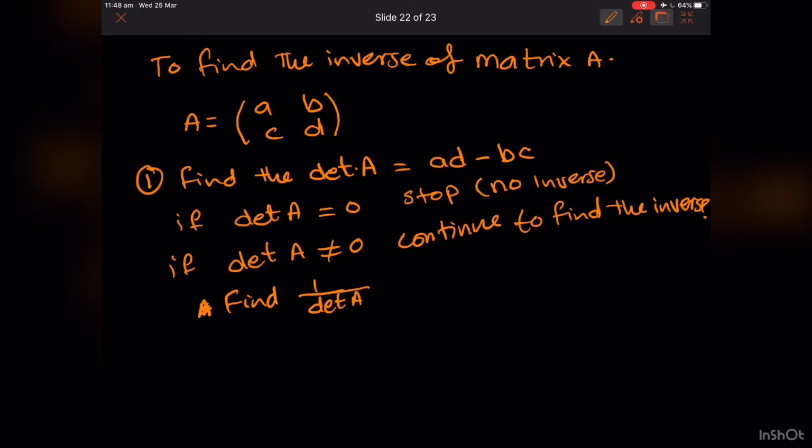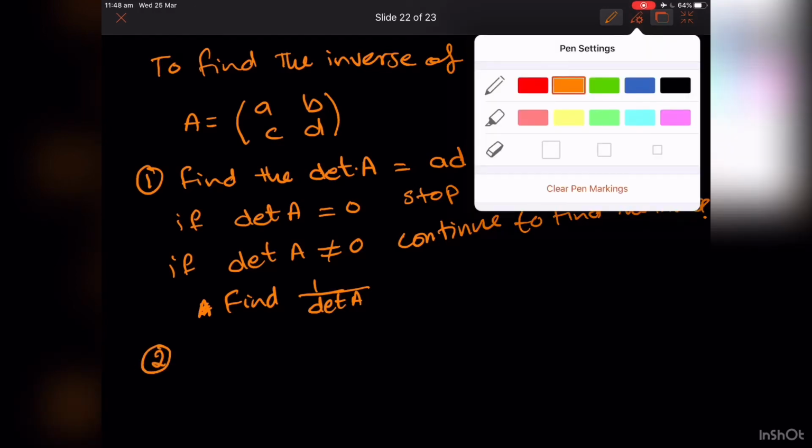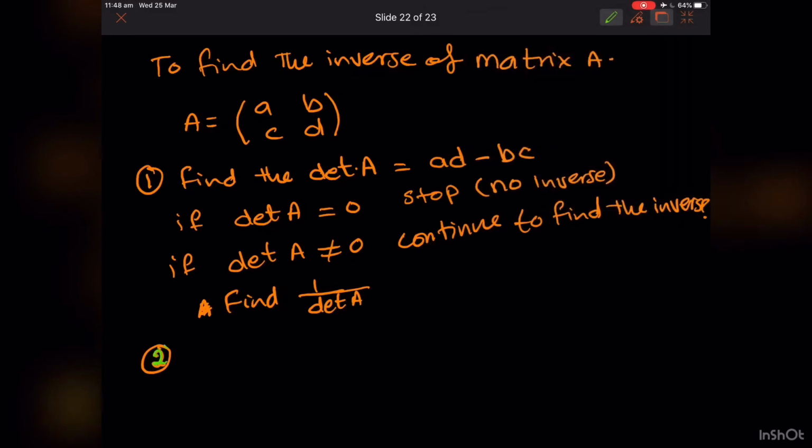And then after that you need to swap A and D. So the second step is to swap A and D, these two. Let's swap them over. This goes there, this comes back here.